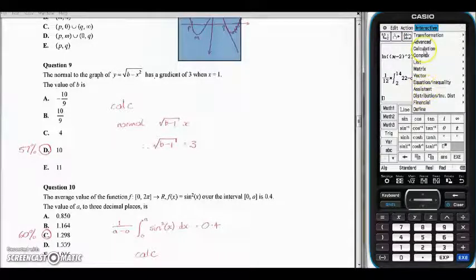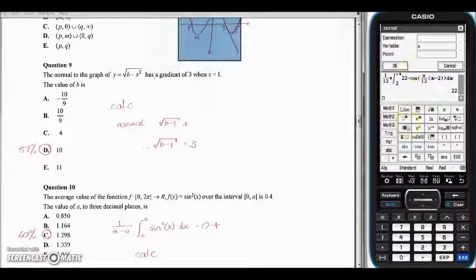So I'm going to do a calculation and work out, well, what is the normal of the graph b minus x squared? I might actually use a b here. B minus x squared when x is equal to 1. Oops, wrong x.